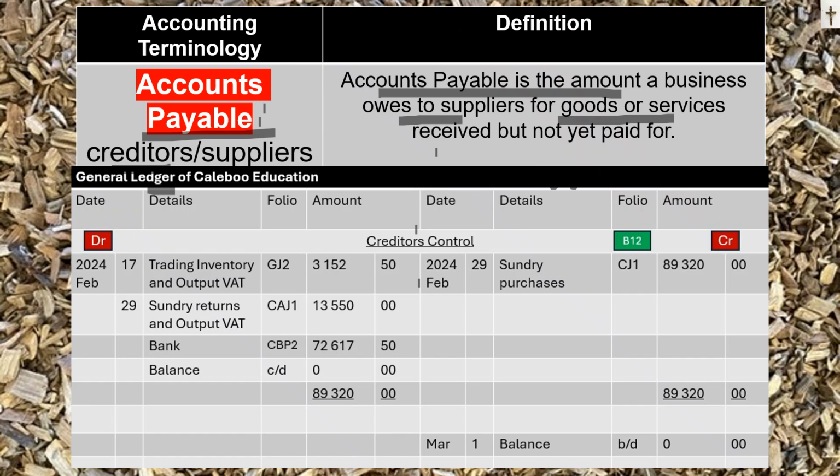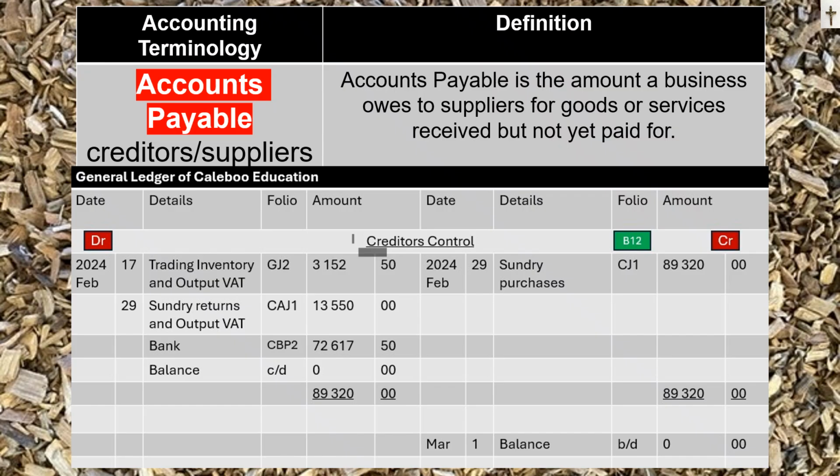Now, accounts payable can also be known as creditors control. Some textbooks might use different terminology, but whether you call this creditors control or accounts payable, you can pick up the name of an account normally through a trial balance.